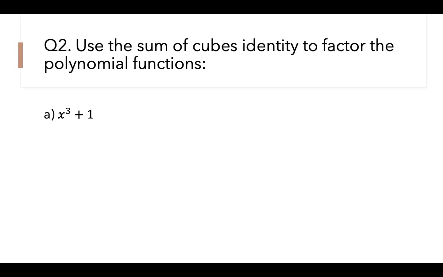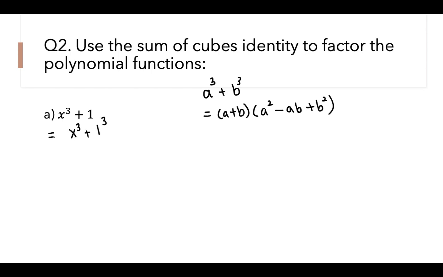So use the sum of cubes identity to factor this polynomial. Let's rewrite the formula, the sum of cubes. a cubed plus b cubed can be factored as a plus b, and then a squared, now this time minus ab, and then plus b squared. We can rewrite this as x cubed plus 1 cubed.